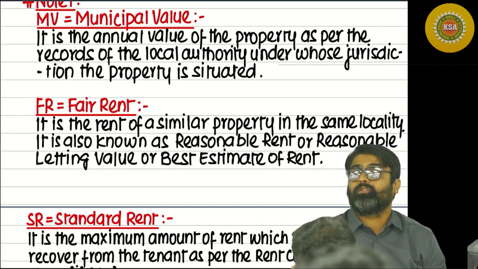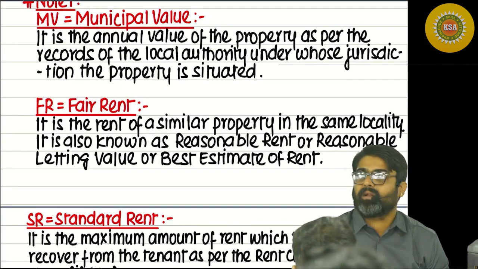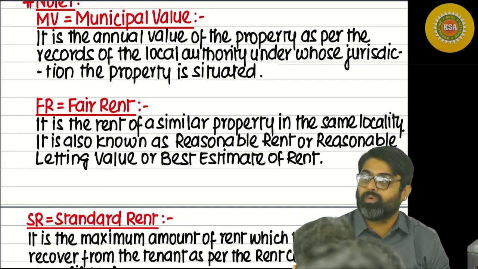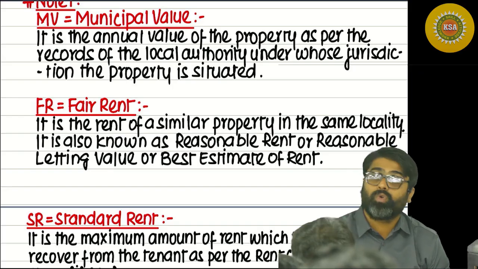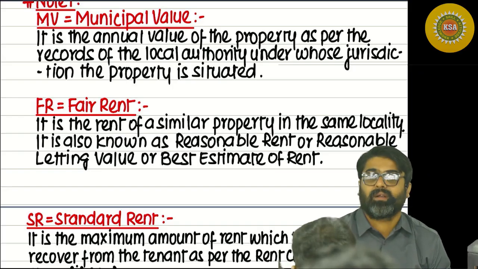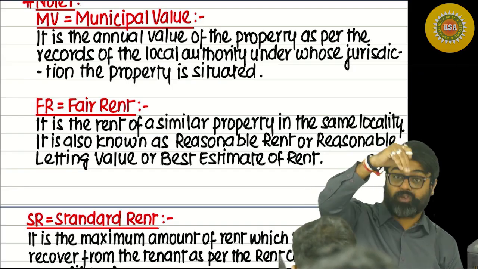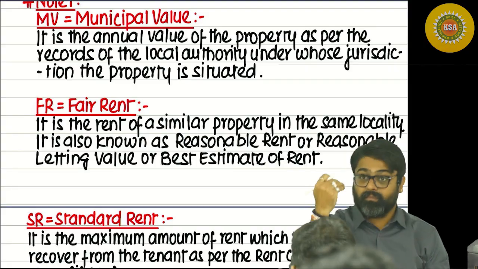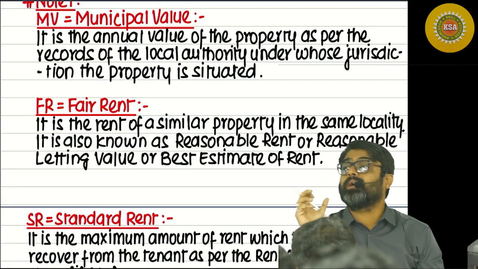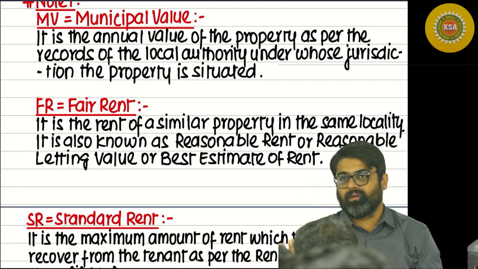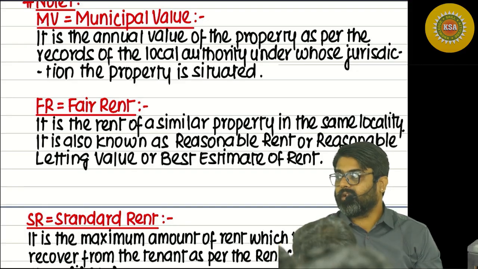That rent becomes bad debt. The tenant runs away. Then the rent which became due, which you could not recover, that amount of actual rent which became due but could not be recovered is nothing but unrealized rent.